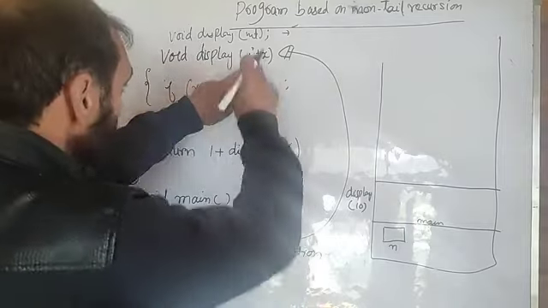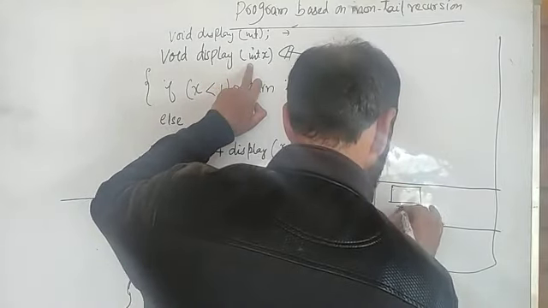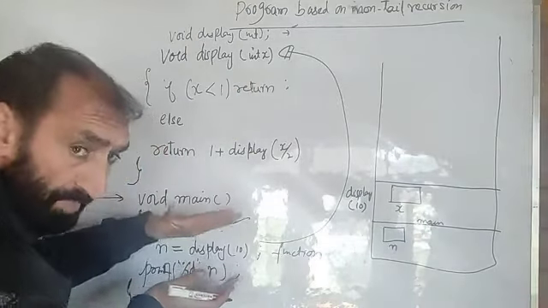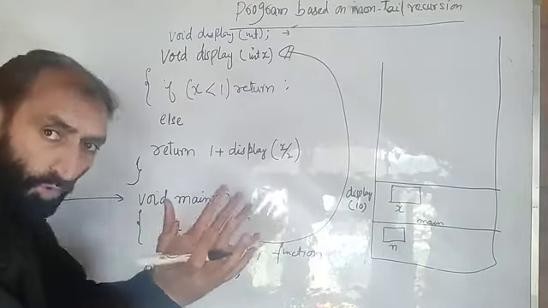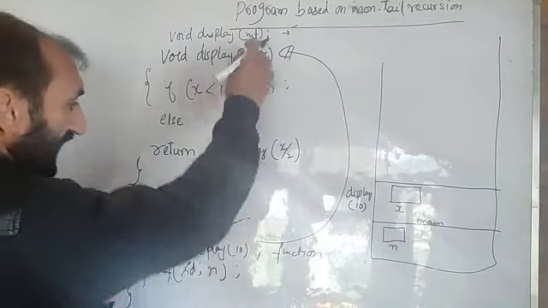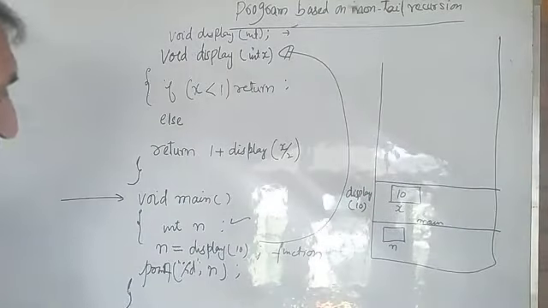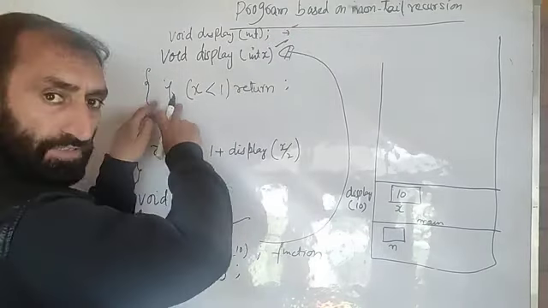In the display function there is also a local variable x, and this 10, which is passed by the main function, will be held by x. Now x contains 10.